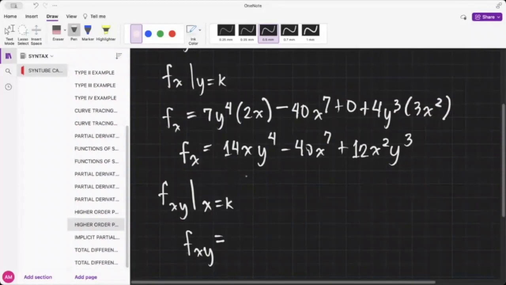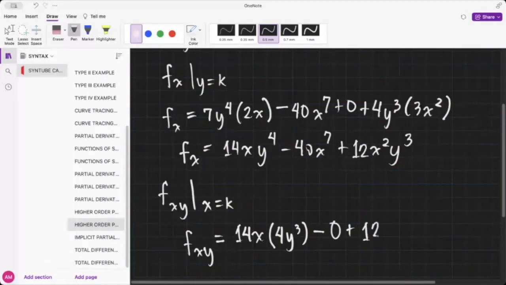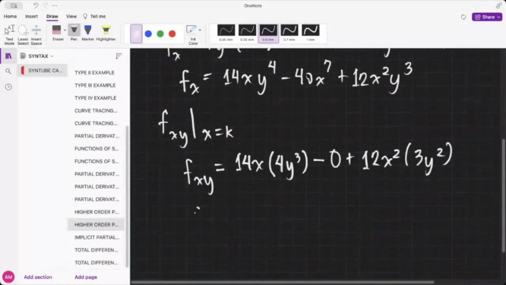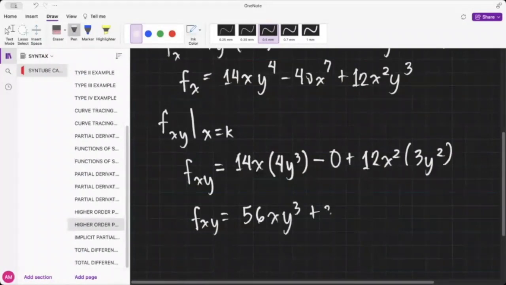So, anong constant mo dito sa term na to? 14x times yung derivative ng y raised to 4, which is 4y cubed, minus lahat ng x constant, so this is just 0, plus, ano yung constant mo dito? 12x squared, times, ano yung derivative ng y cubed? 3y squared. If you simplify this, that would be your final answer na. So that's 56xy cubed plus 36x squared y squared.